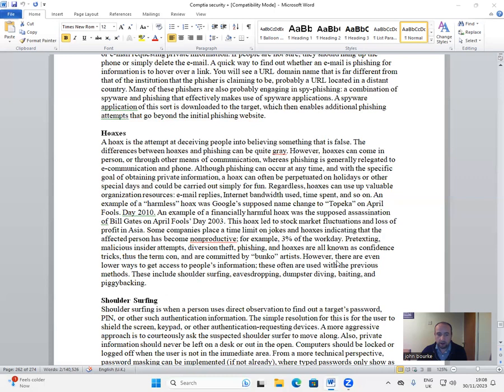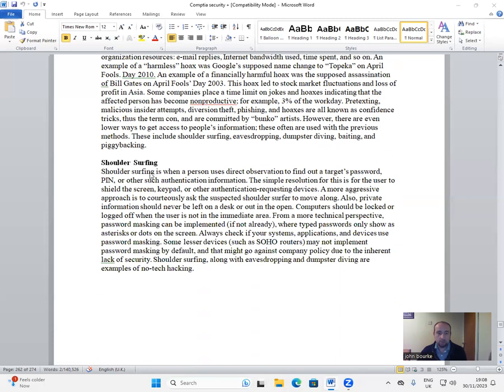However, there are even lower ways to get access to people's information. These are often used with the previous methods. These include shoulder surfing, eavesdropping, dumpster diving, baiting, and piggybacking. Shoulder surfing. Shoulder surfing is when a person uses direct observation to find out a target's password, PIN, or other such authentication information.